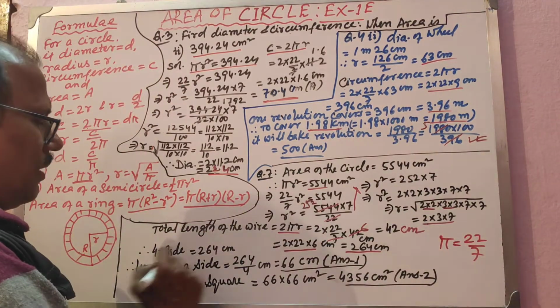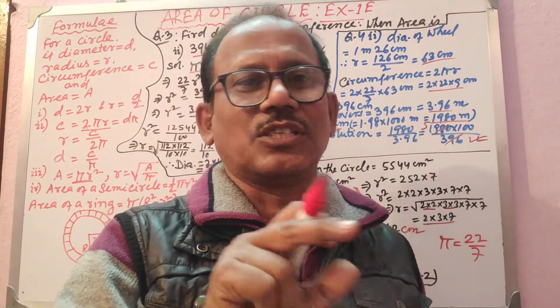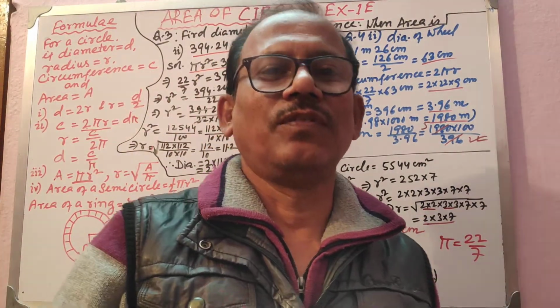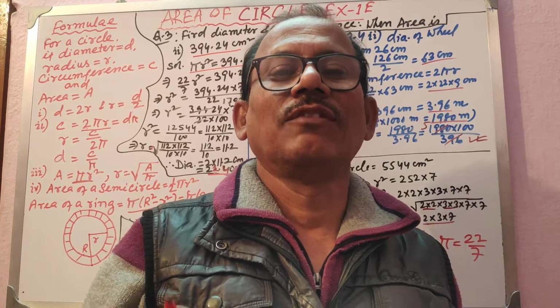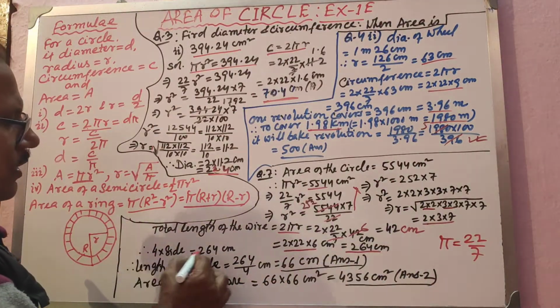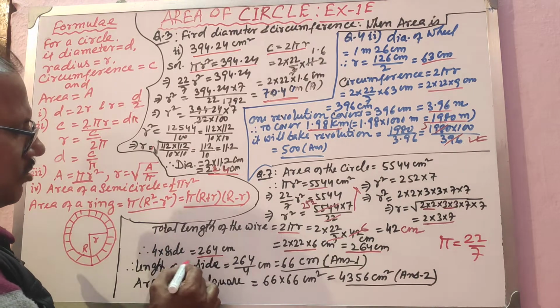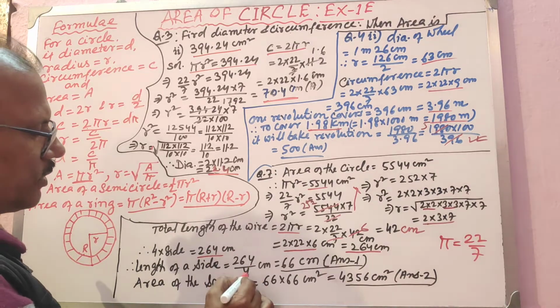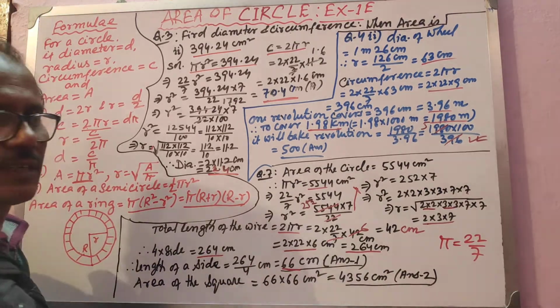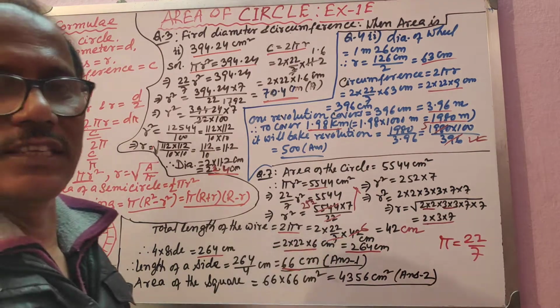Now that length of the wire has been made into a square. So the square perimeter is 4 into side. So 4 into side is equal to 264. Length of one side will be 264 divided by 4, which is 66 centimeter. You got one side of a square.